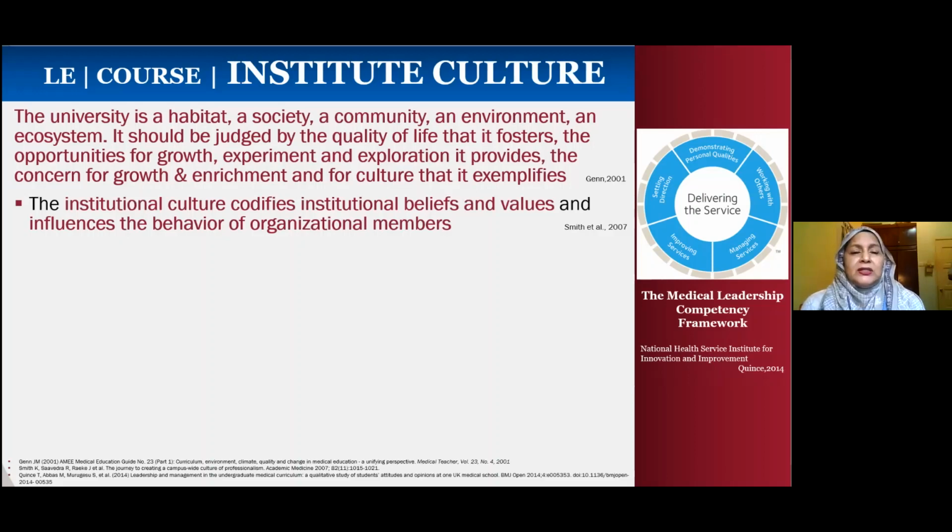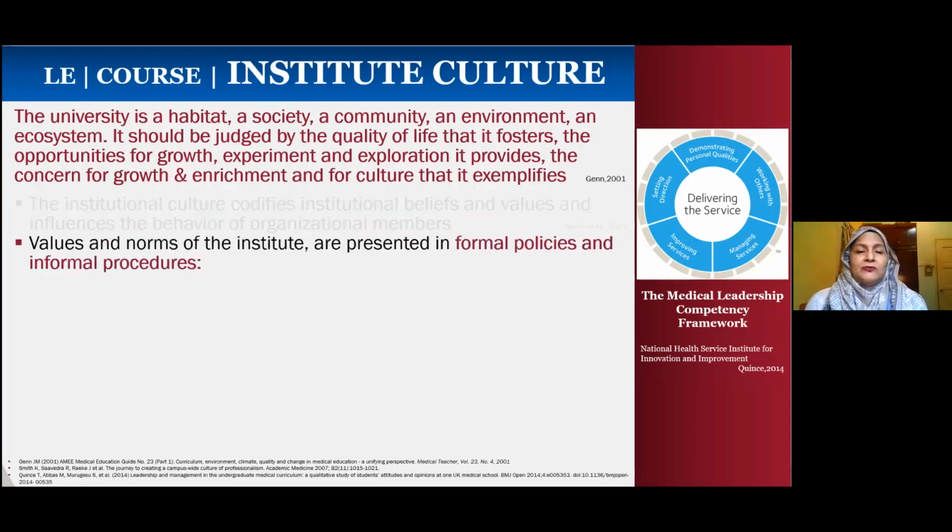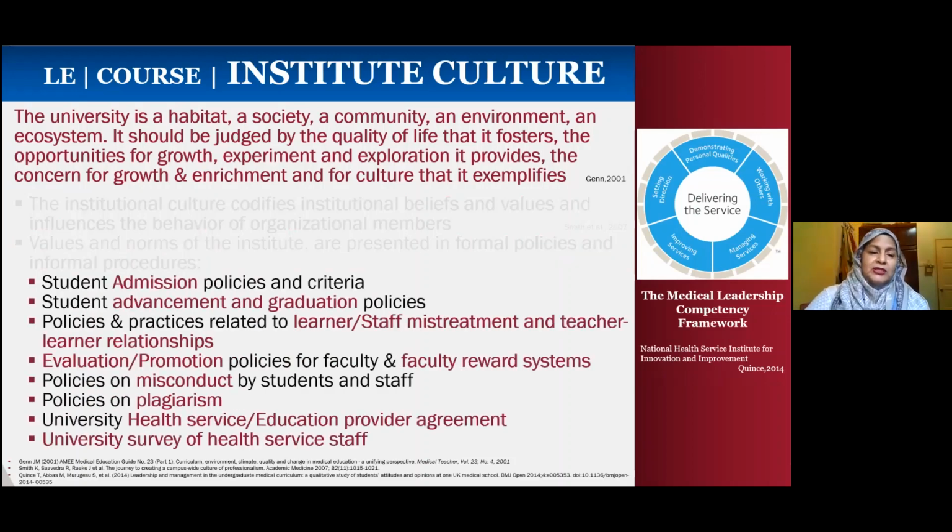The institutional culture codifies institutional beliefs and values and influences the behavior of the organizational members. Values and norms of the institutes are presented in formal policies and informal procedures. There are a number of formal policies on which the institute works.